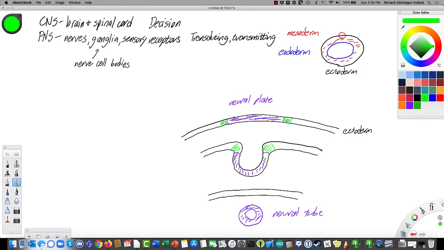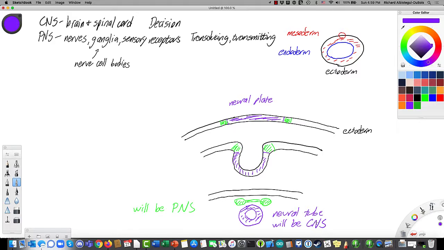Those border regions get sort of separated here. These are actually going to end up becoming the peripheral nervous system. Whereas the neural tube will be the central nervous system. And this tube now runs across much of the length of the organism.